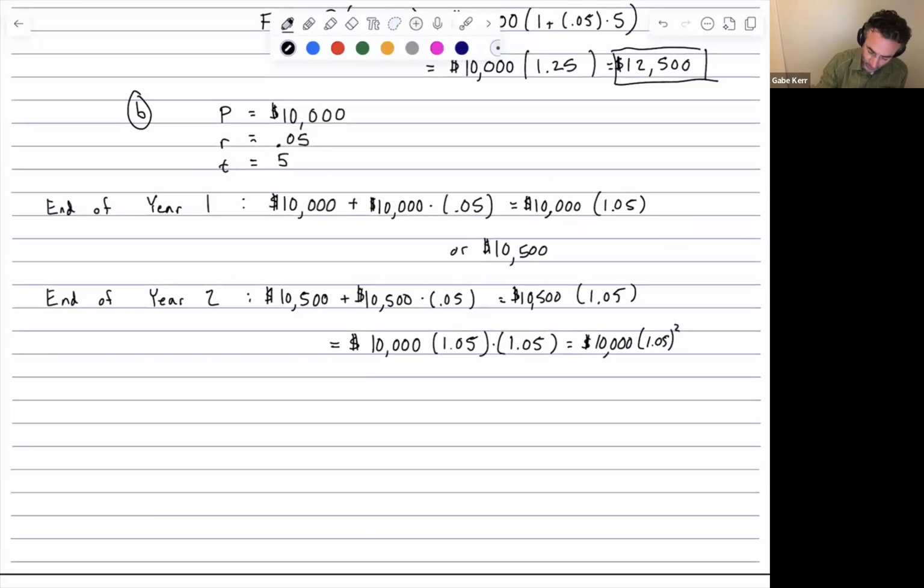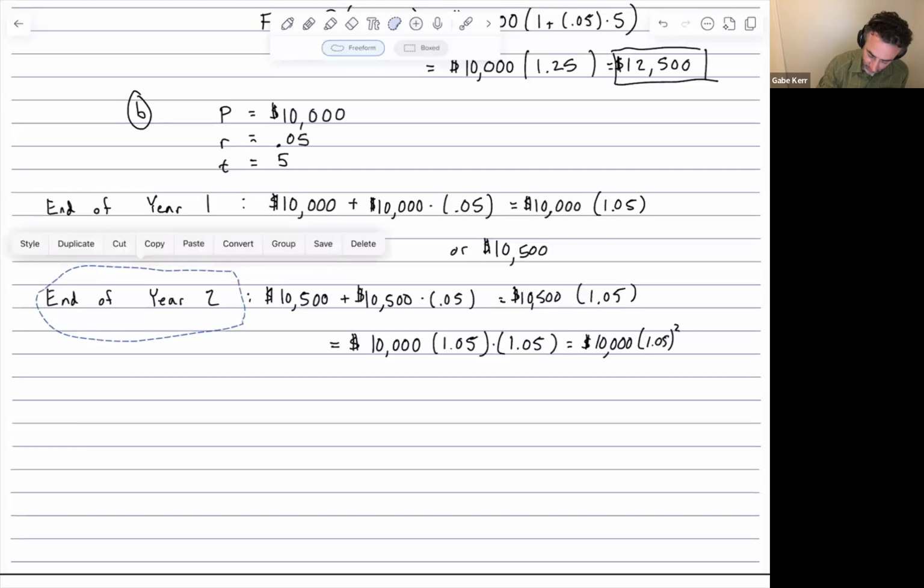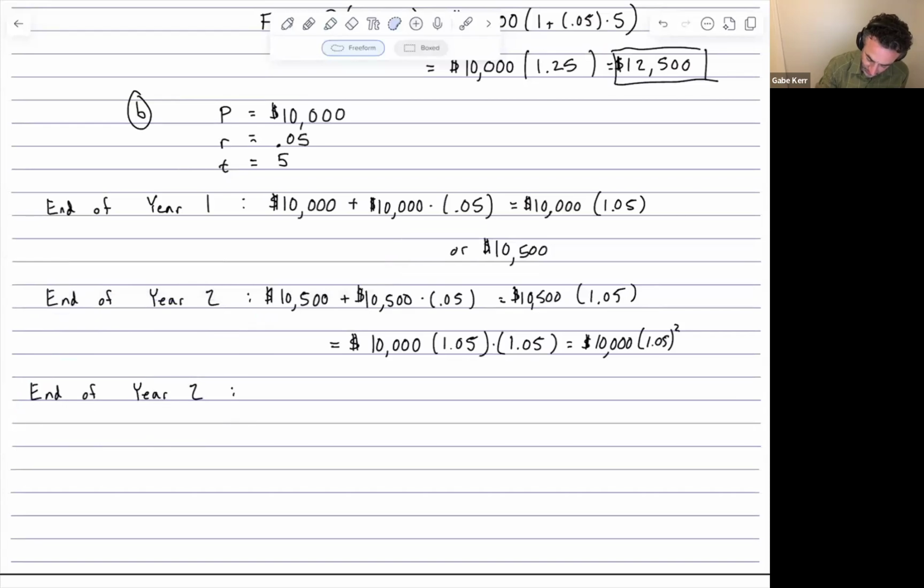Let's do one more. If we look at the end of year 3, what do we have? Here we have the total from the end of year 2, which is 10,000 times 1.05 squared.